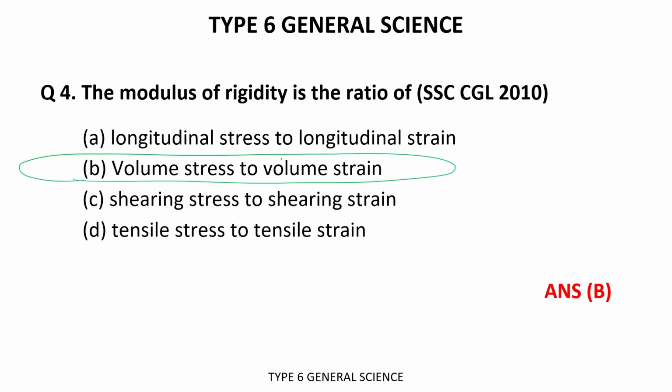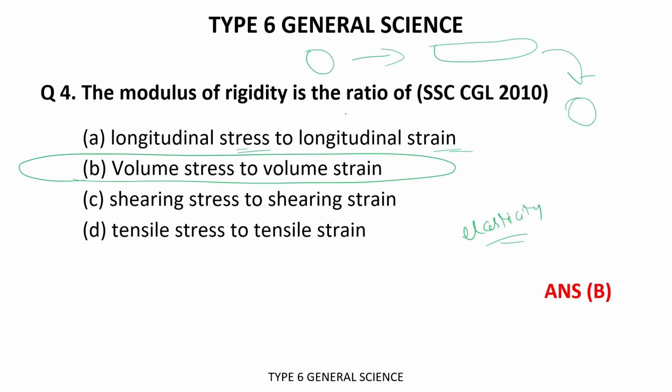So basically we are talking about stress and strain. It is part of elasticity. Elasticity is basically the property of any body by which it can regain its original size after deformation. Like you have a circular rubber band. You stretch it like this. But when you release it, it will again become a circular shape.